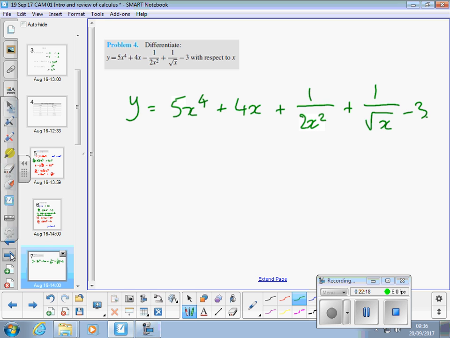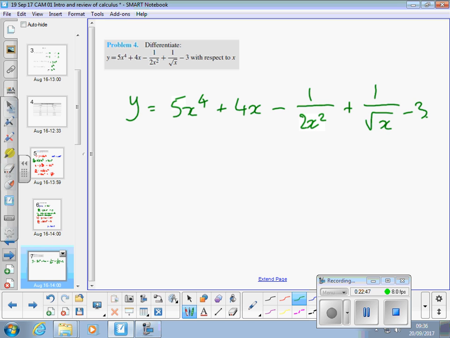Yes, differentiate each term, but there's something we need to do first. Sorry? Between 4x and 1 over 2x. Well spotted, my deliberate mistake.